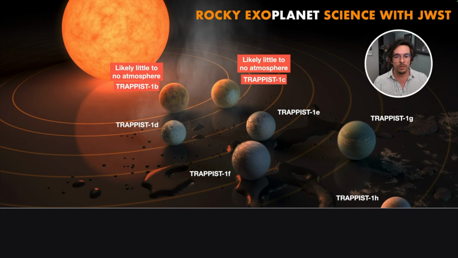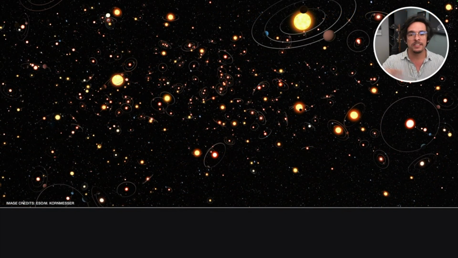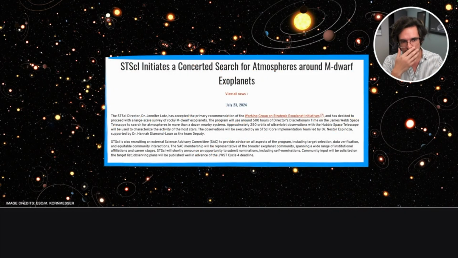Now, this is not the only exoplanet system out there. There are many others that are worth analyzing and studying. And in fact, here at Space Telescope, we're starting a concerted effort together with the exoplanet community to try to figure out if other planets out there also have atmospheres or not, and why they might have them, why they might not, and so on.